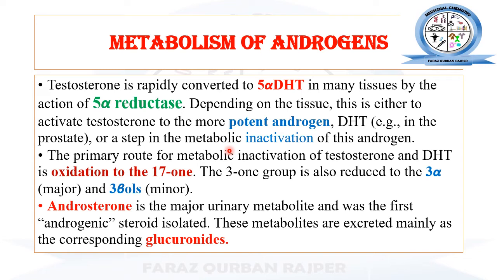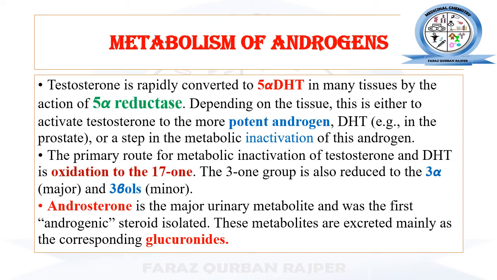Further, the primary route of metabolic inactivation of testosterone and DHT is the next step, oxidation to the 17-one, meaning the 17th position hydroxy group will be oxidized and converted into a ketone functional group. And the 3-one, the third position ketonic group, will be reduced and converted into intermediate products like 3-alpha alcohol or 3-beta-ol. 3-alpha will be the major byproduct.